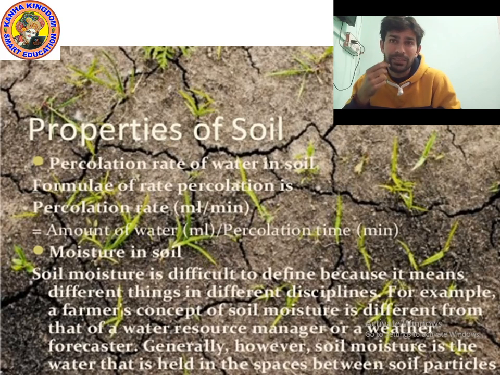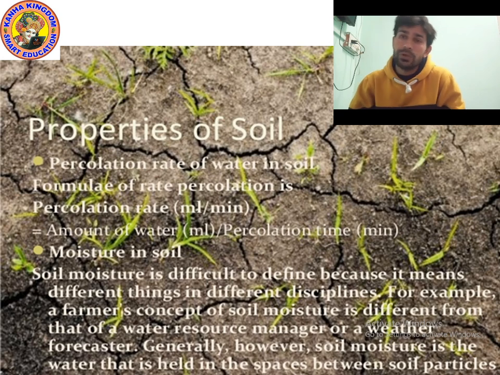Generally, however, soil moisture is the water that is held in the space between soil particles.